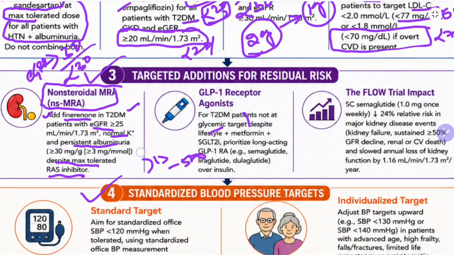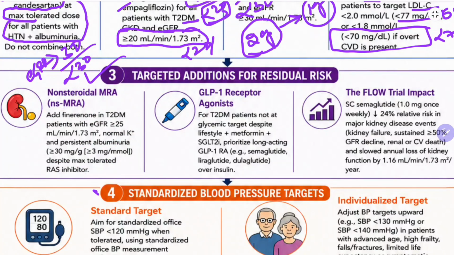The second thing is GLP-1 receptor agonist. Finerenone is for proteinuria not controlled in spite of the maximum tolerated RAS inhibitor. So this is for residual proteinuria.